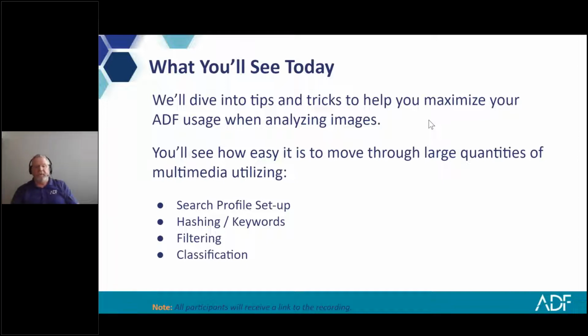I've done a large scan, probably about 70,000 images on a device, and we're going to walk through the steps that can help you get to what you need, filter out what you've already seen, and further filter down to what you're looking for to help you analyze and tag and get this out of your way. You really don't want to have to look at stuff more than you need to. And you'll see how easy it is to move through these large quantities.